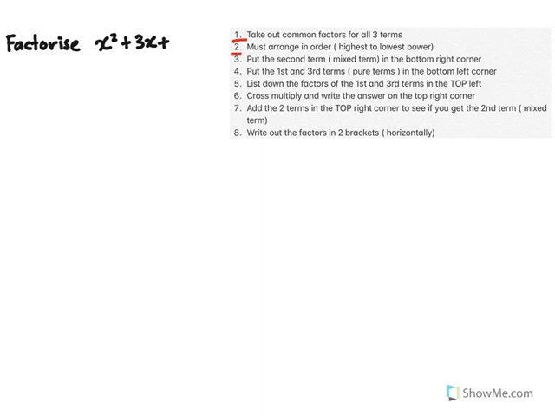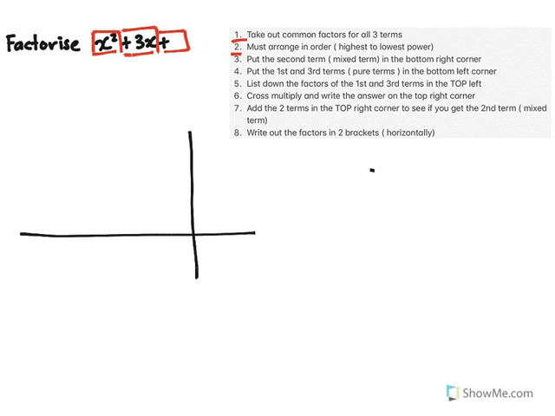Once you have arranged them in this correct order, next you will draw out the box for your cross method factorization. There are 3 terms over here, your x squared plus 3x plus 2. This is your first term, your second term, and the third term.